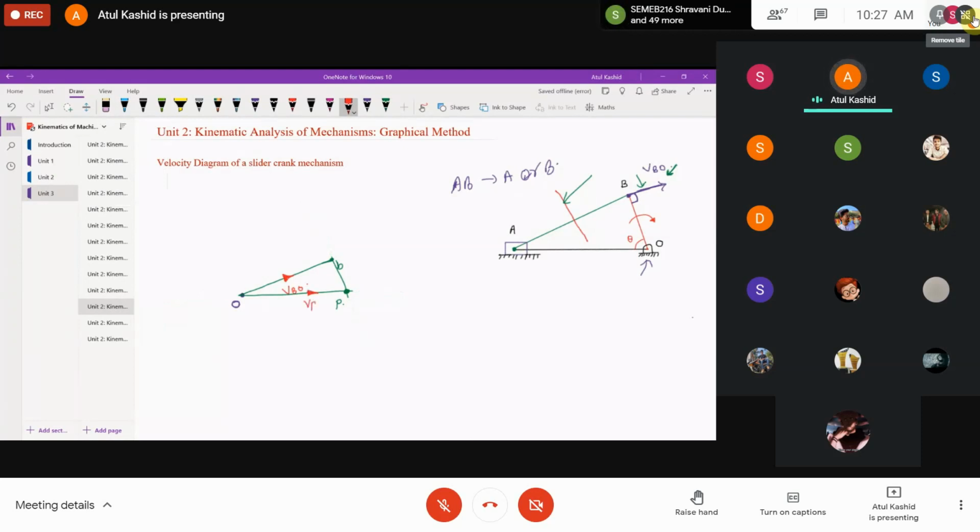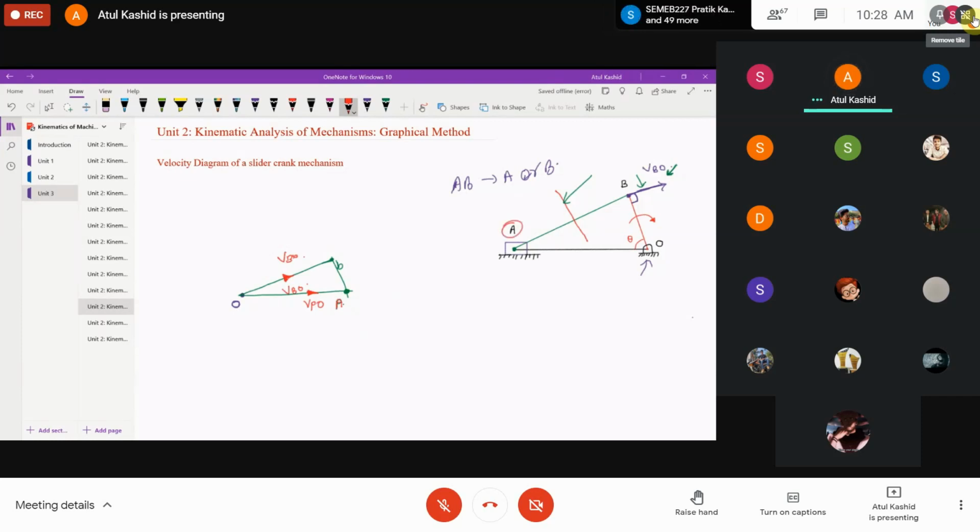So this will be velocity of P with respect to O. Then this will be velocity of B with respect to O. I think this is point A, sorry. This is point A. We have denoted it by the point A, right?